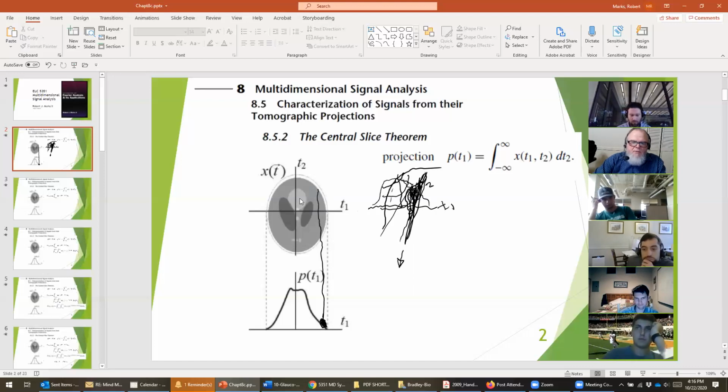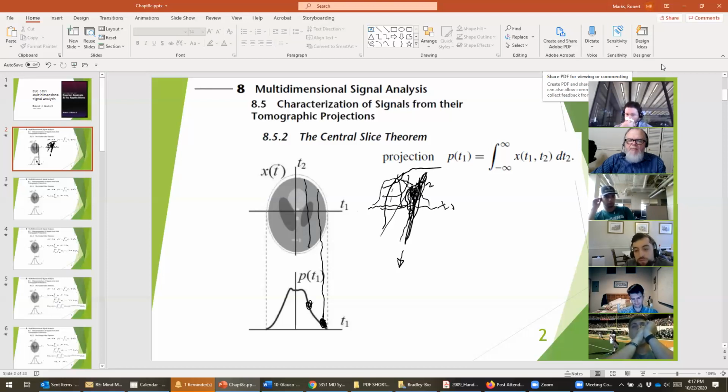And if I go to a different slice, I'm going to get a different number, right? Because it's a different slice through the 2-dimensional function. So I get these results, and this is the so-called projection of the 1-dimensional function.